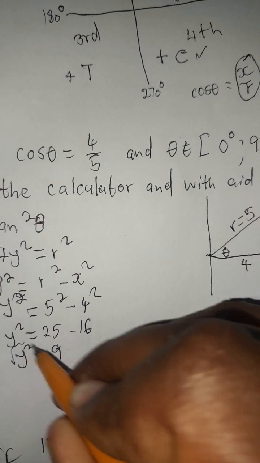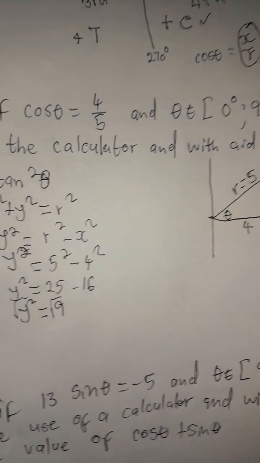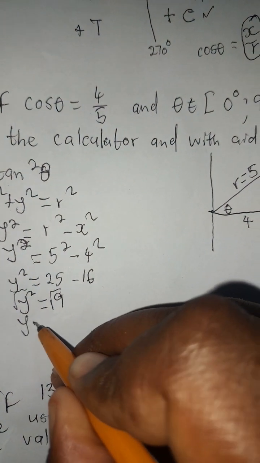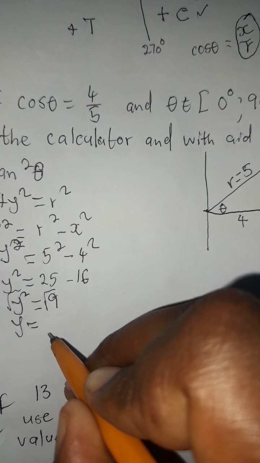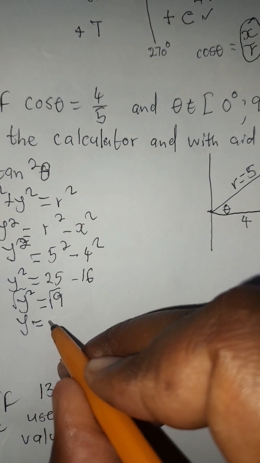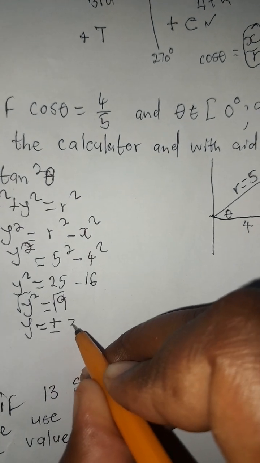Then we need to find the square root of both sides, the left-hand side and the right-hand side. The square root of y squared will be y. Remember, because it's y squared, a second degree, we must have two solutions, either plus or minus. The square root of 9 is 3.